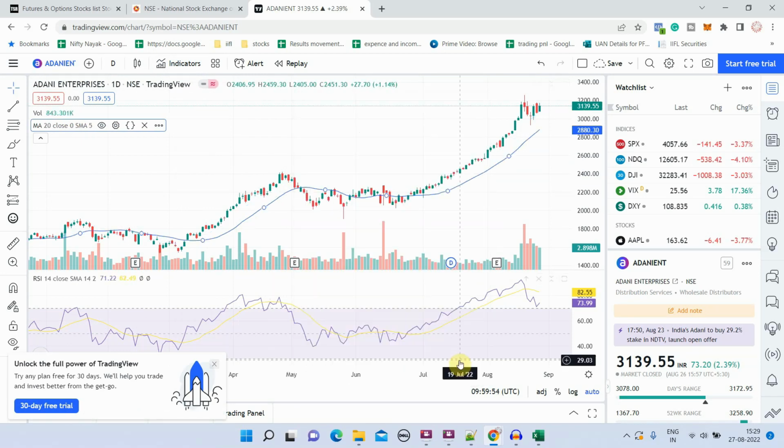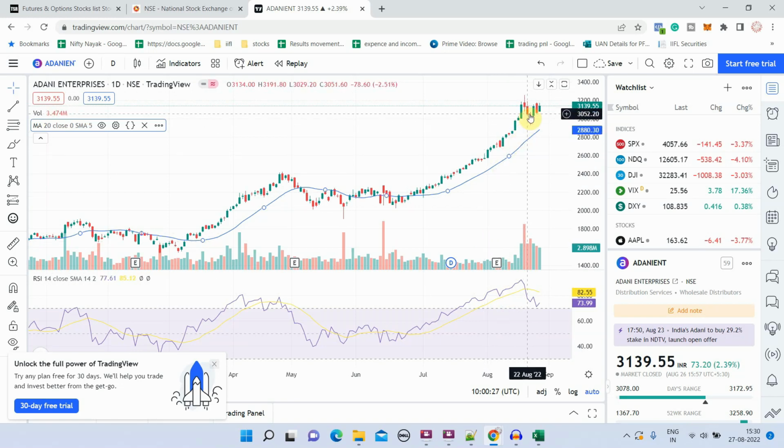Here you can see that Adani Enterprises has gone up from 2000 to almost 3300 approximately. When it was here, the RSI was more than 90, and at this point the difference between the Adani Enterprises spot price and the 20-day moving average was more than 16-17%, I don't remember exactly.